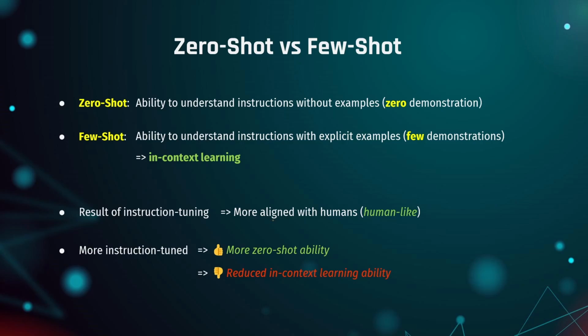We saw that in case of few shot learning, we have to guide our model with explicit examples, but since our model is very fine tuned to be like human, it starts to gain zero shot ability, compromising in context learning ability.